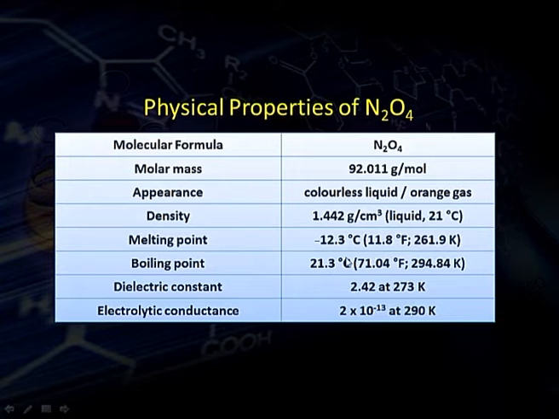Its melting point is minus 12.3 degrees Celsius and its boiling point is 21.3 degrees Celsius. Its dielectric constant is 2.42 at 273 Kelvin. Its electrolytic conductance is 2 into 10 to the power minus 13 at 290 Kelvin.